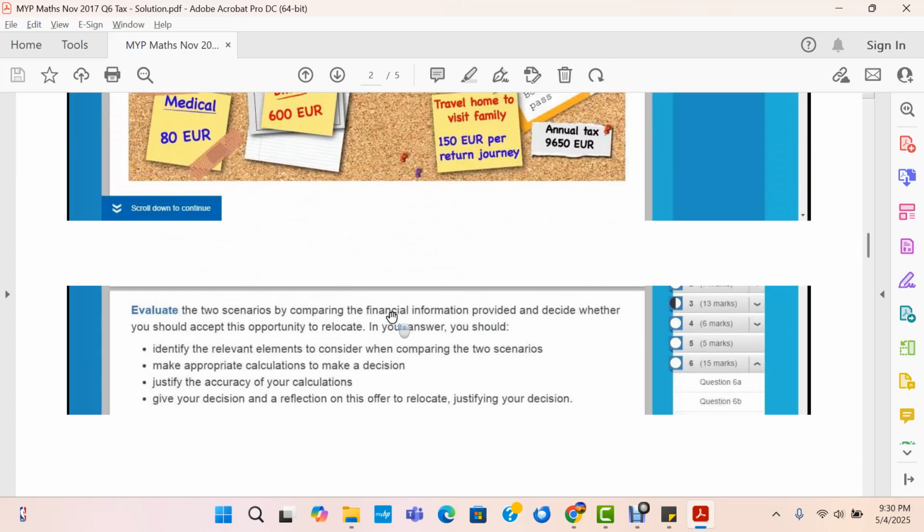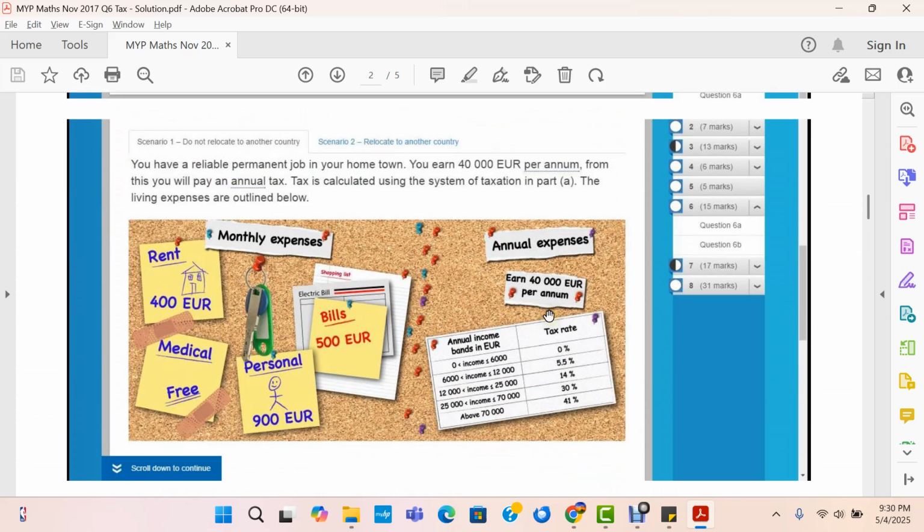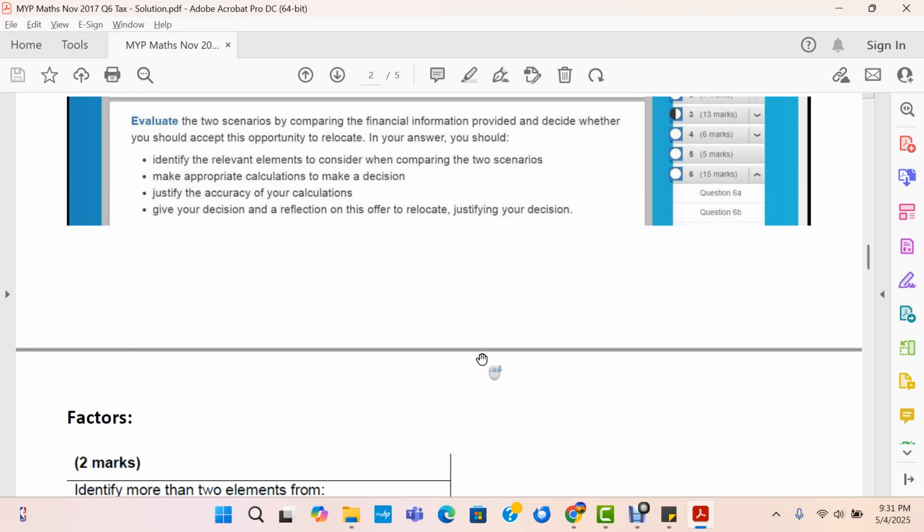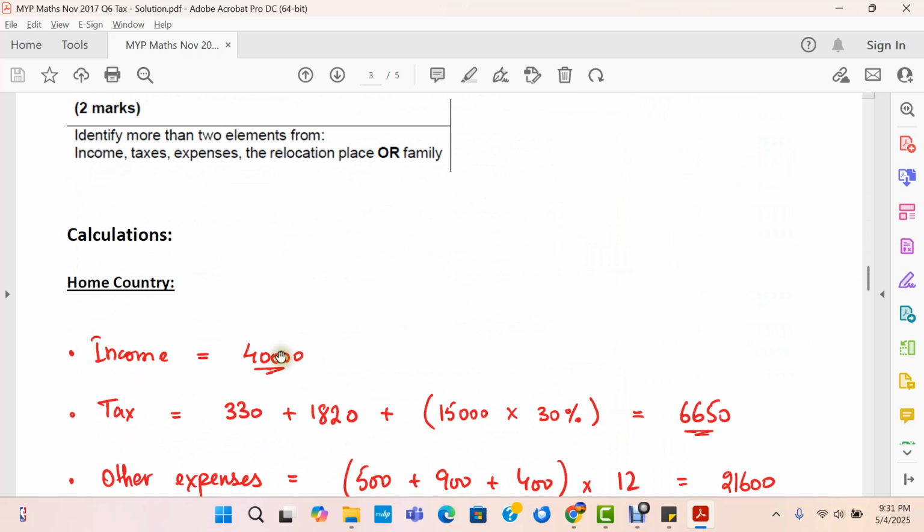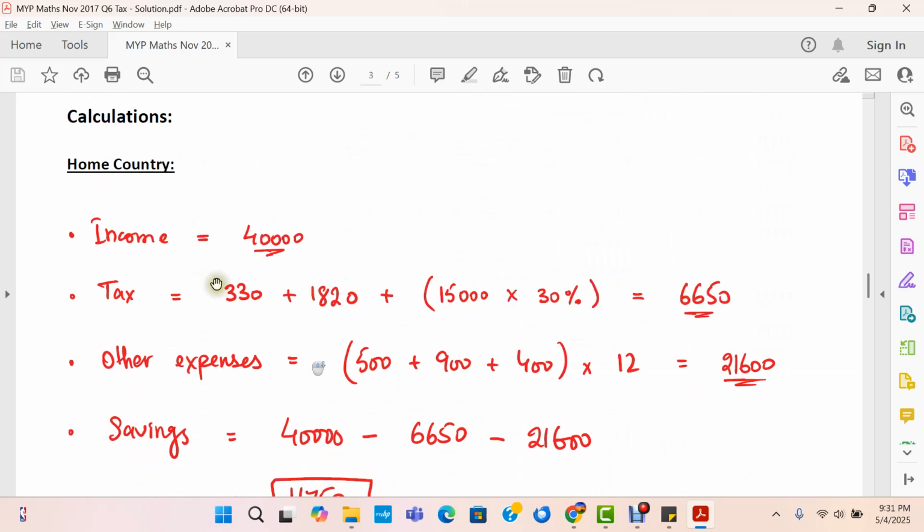All right, let's talk about the home country. So always talk about annual, because tax rate is annual, salary is annual. If these are monthly, multiply them by 12. Okay, so first of all, expenses for the home country. You know that the income for the home country is 40,000, right? The tax, we can easily calculate it, as we've learned from the video. For a salary of 40,000, do the math again, just like it was done in the table previously.